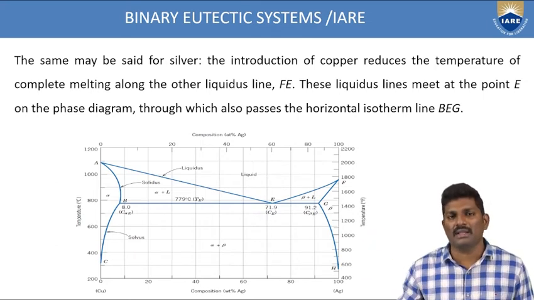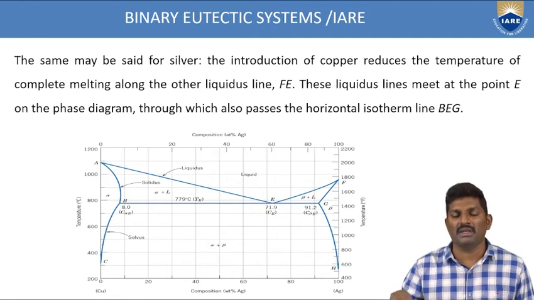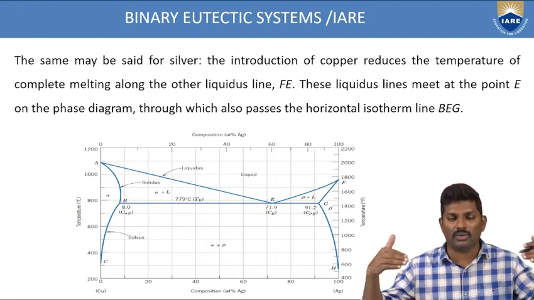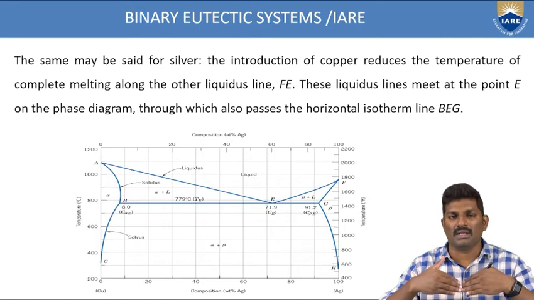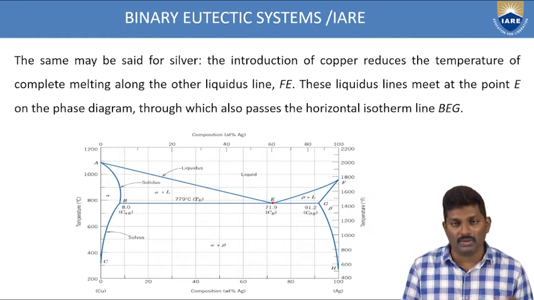Similarly, on the other side, we are introducing copper into the silver, so that the silver's melting temperature is reduced. That's why we are showing the two curves in this manner, the reduction in the melting temperatures, meeting at a point E. This is the point E where these two are meeting with each other at the BEG line.